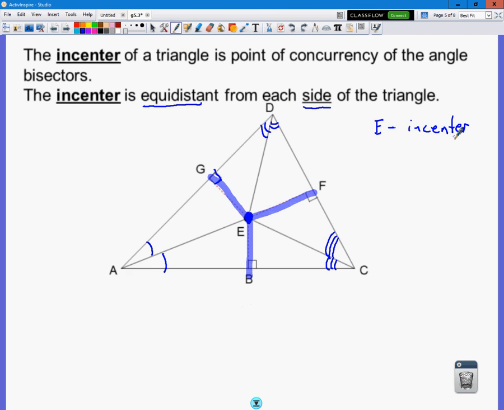If you know it's an incenter, and you can find the distance to the side, then if I take EG, and I compare it to EF, and I compare it to EB, in fact, all of those would be what? The same.